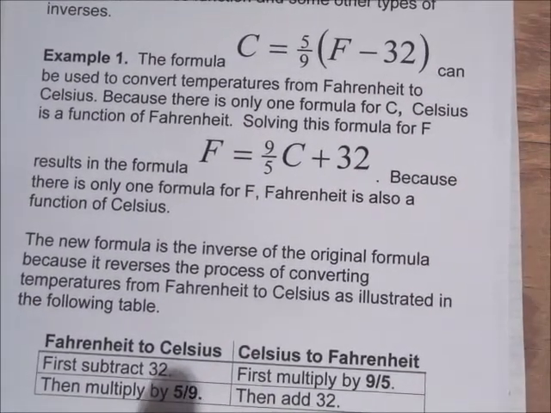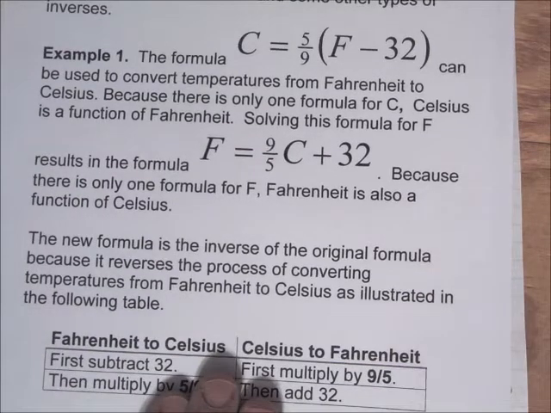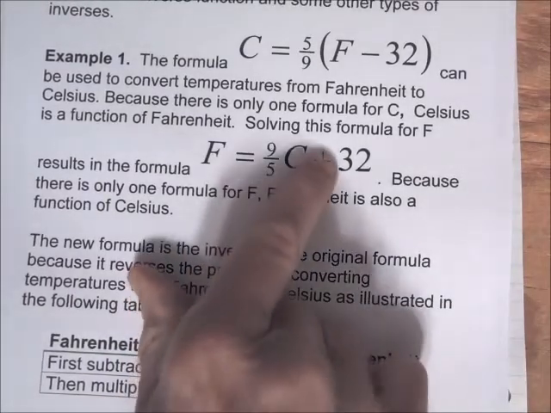So there's actually several types of inverses involved here. We have the inverse function, the concept of inverse function that's reversing inputs and outputs, but we also have a multiplicative inverse and an additive inverse.